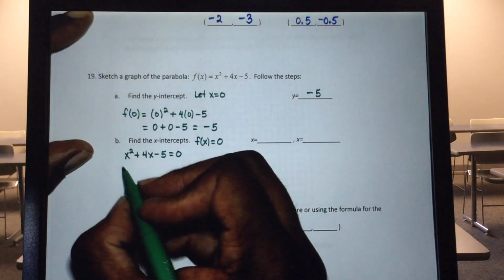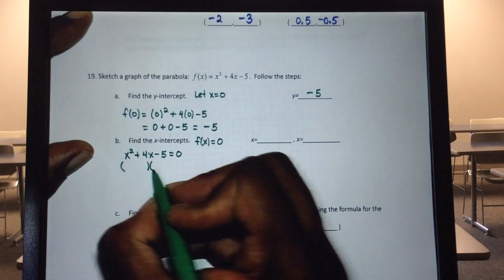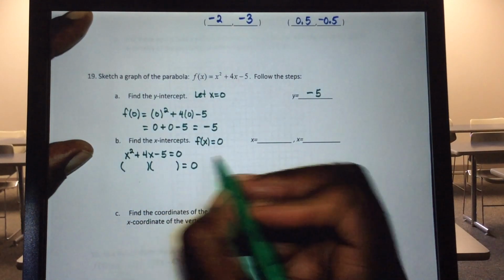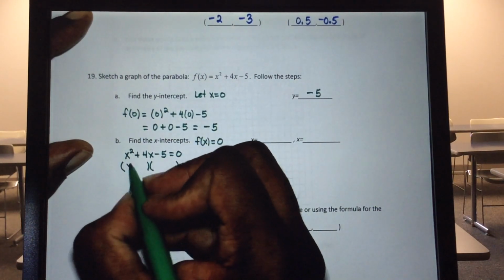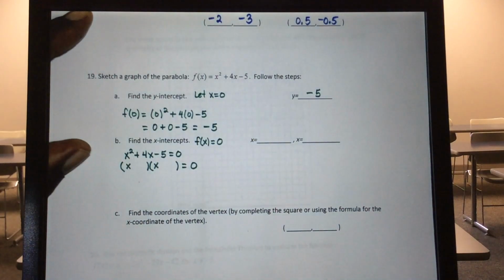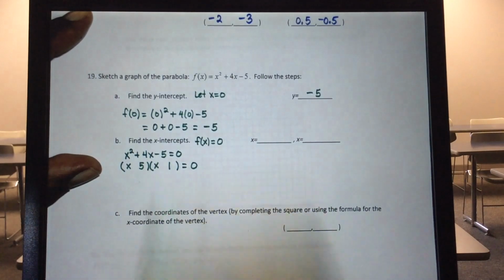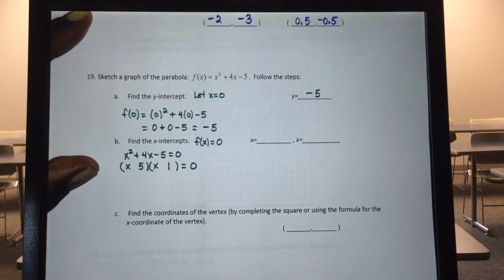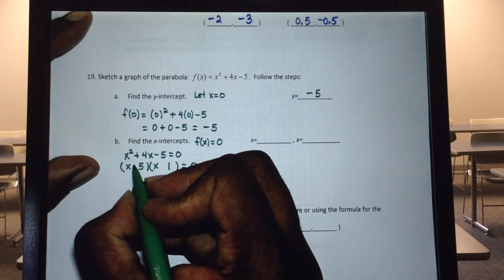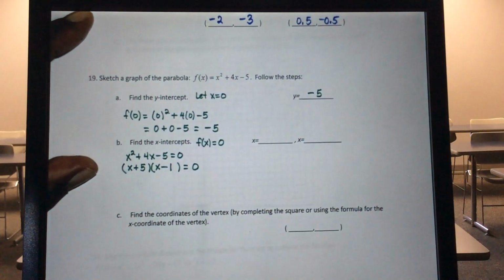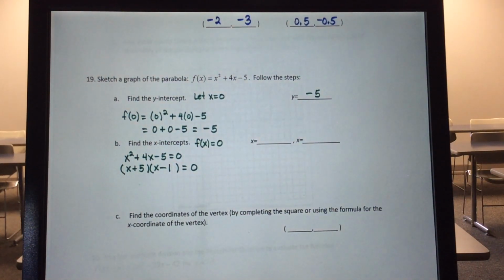I can factor that into 2 binomials. Break the x squared up as x and x. The factors of -5 that will give me 4x have to be 5 and 1. But the middle term is a plus, so the larger of the 2 factors will take the sign of the middle term. The 5 will be plus, the 1 will be minus. So I got x plus 5 times x minus 1 equal to 0.